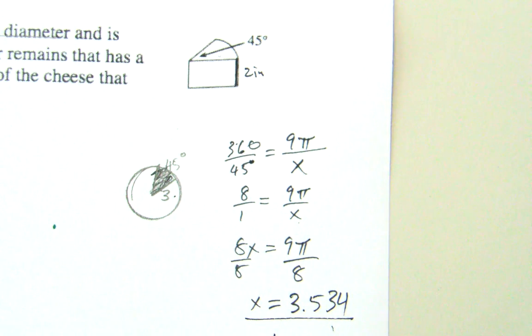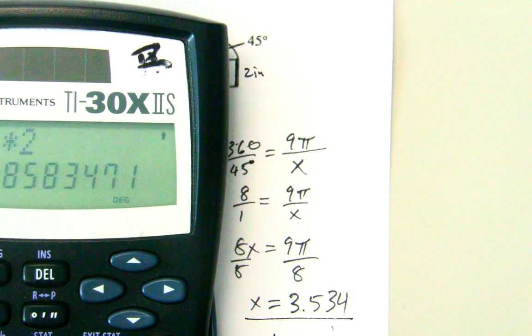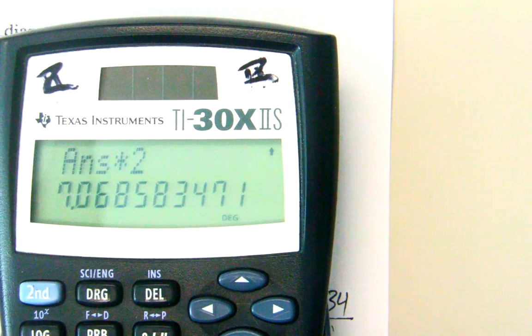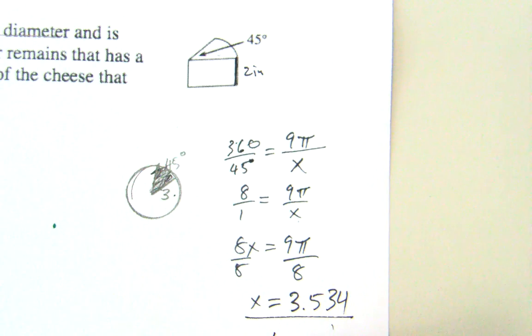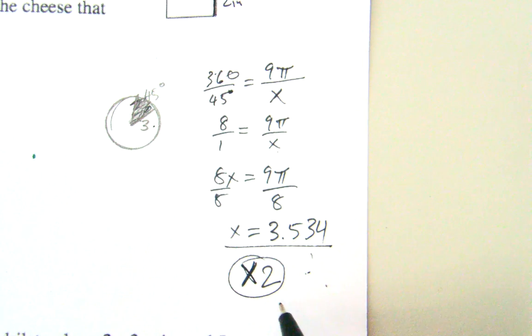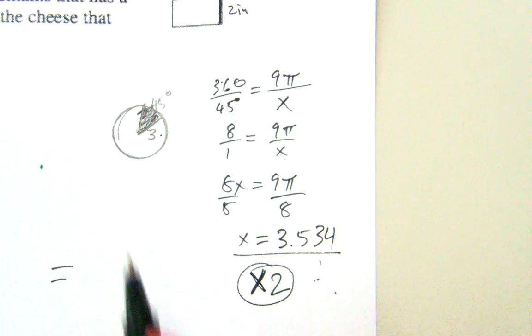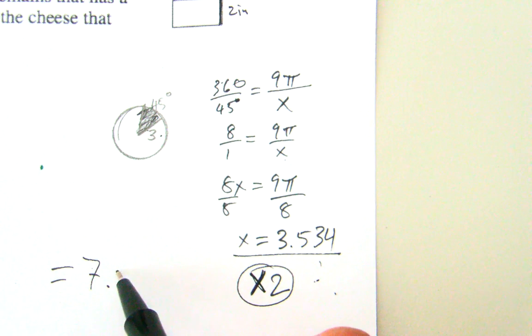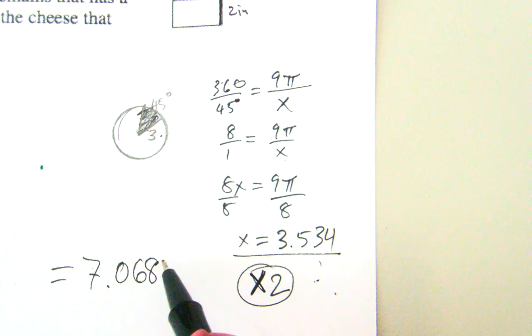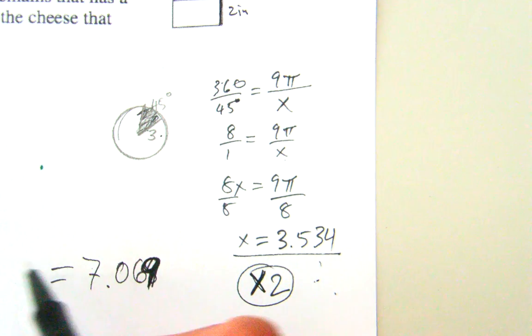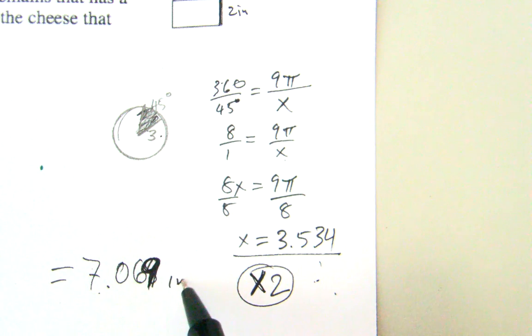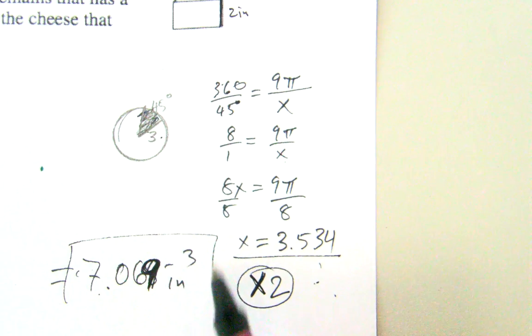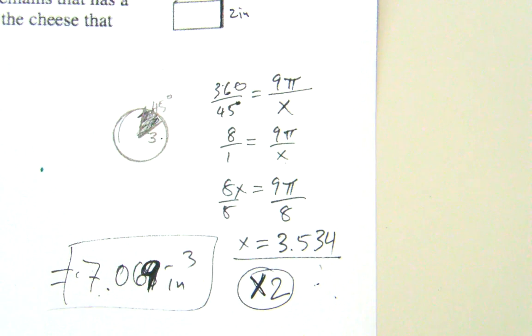And that'll give us 7.069, probably going to round to 3 decimal places. So the volume is 7.069 inches cubed, because that is how we designate volume.